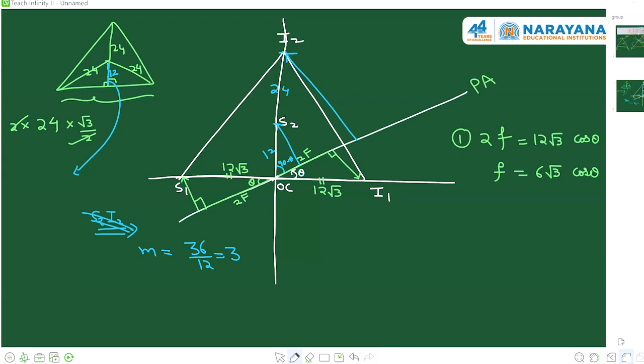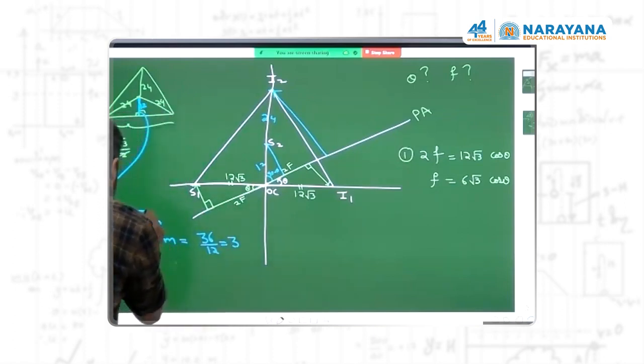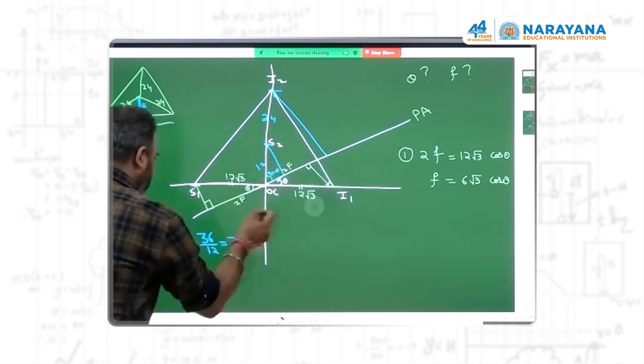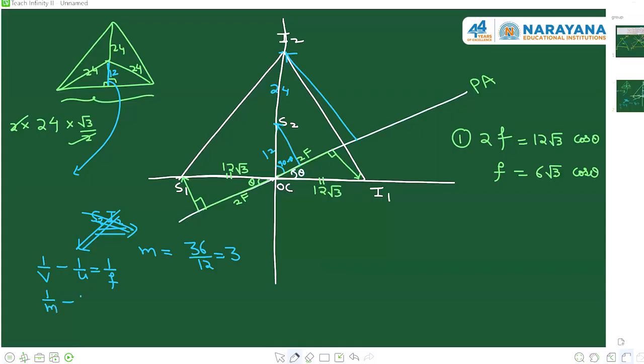And now I want to apply the thin lens formula to the S2I2 combination only. Both forms I can write, whichever way you are comfortable. If you are comfortable with this form, you can write it, or you can write the magnification form also. So you can write it as 1 upon m minus 1 equal to u upon f.